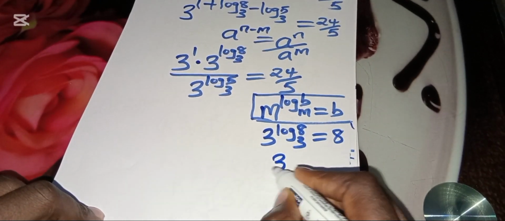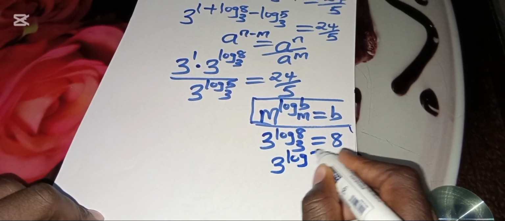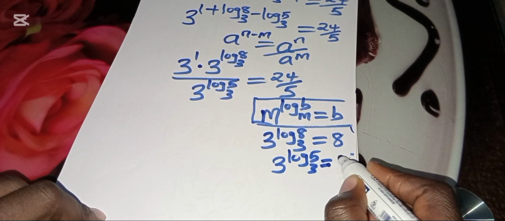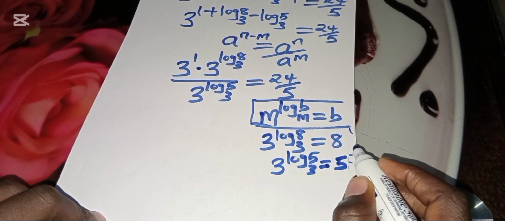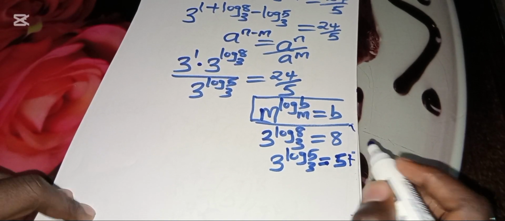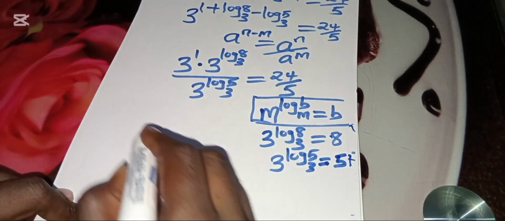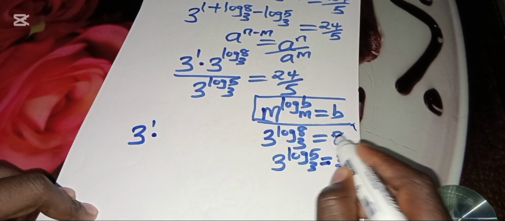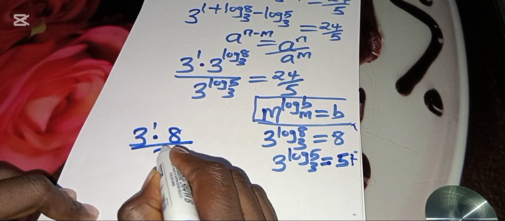And for the case where you have 3 raised to power log 5 to base 3, this is supposed to give us a value of 5. Now we substitute the values of 8 and 5, so that we're going to have 3 raised to power 1 multiplied by 8 divided by 5.